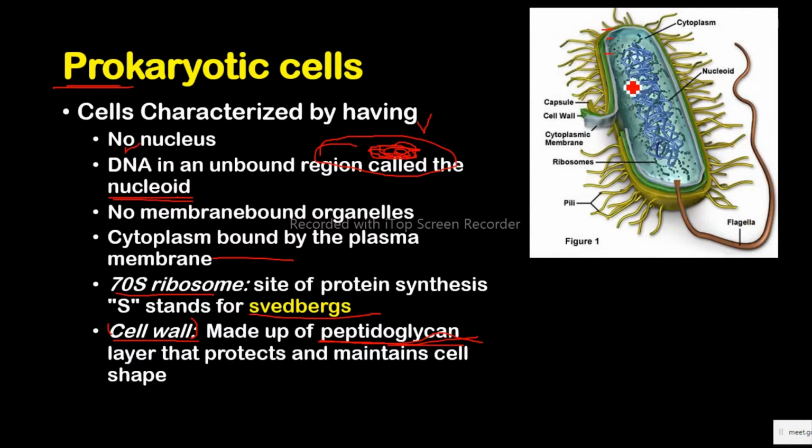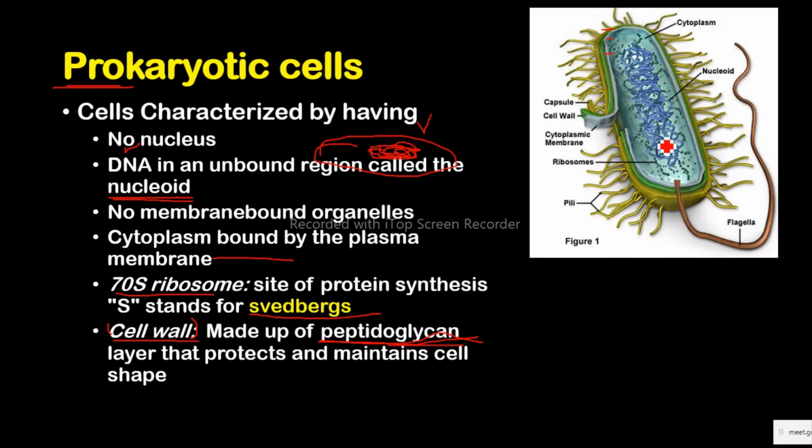This is a genome structure. You can see this is the circular DNA that we are talking about, and the DNA is just embedded in a nucleoid region.